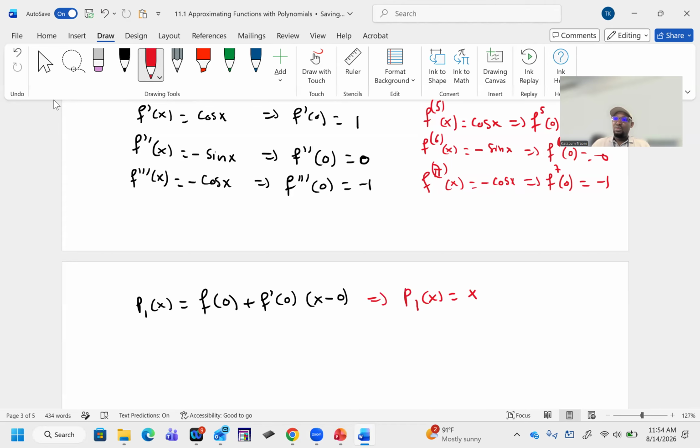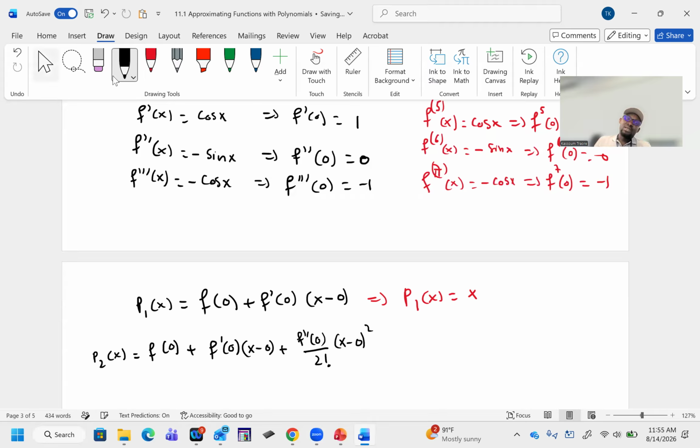And then we will move to p sub 2. P sub 2 of x will be f of 0 plus f prime of 0 times x minus 0 plus the second derivative of f of 0 divided by 2 factorial times x minus 0 squared.